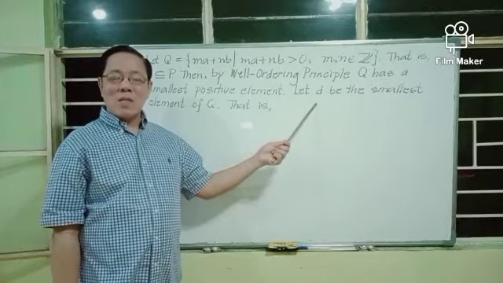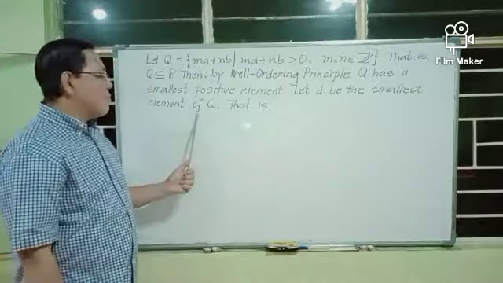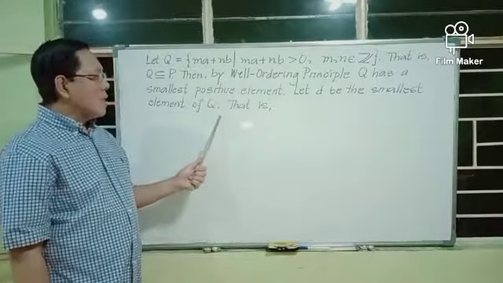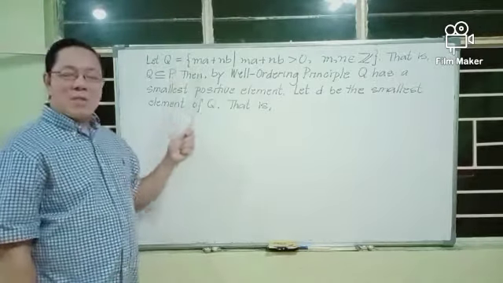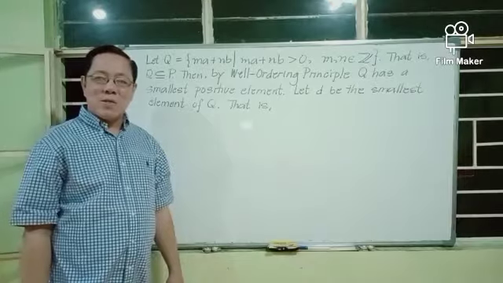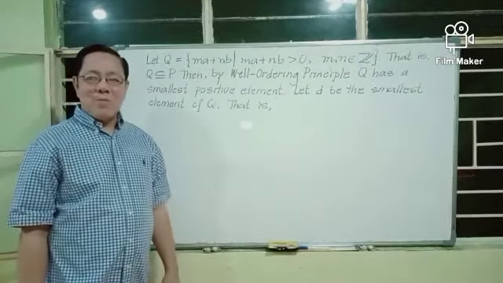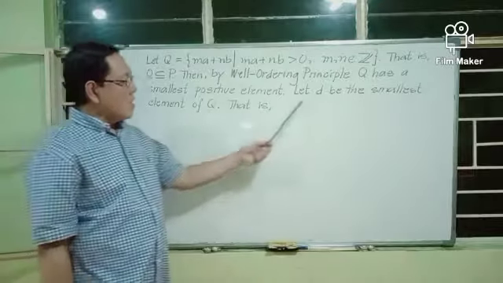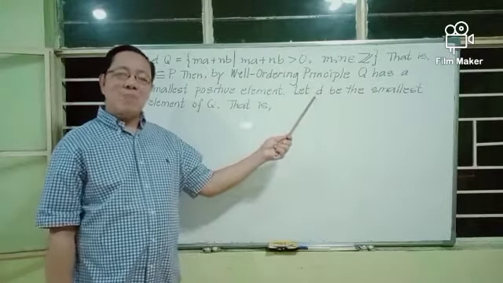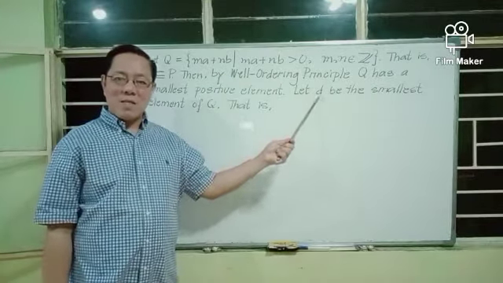and we use d to denote the smallest positive element of Q. And because Q is the set of linear combinations of a and b that are positive, then d here, the smallest element of Q, must be positive. That is, d is greater than 0.